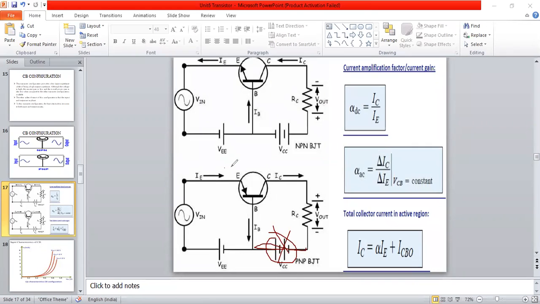Here the positive is connected to the P layer and the negative is connected to the N layer, positive to positive and negative to negative, so it will conduct. This is the VI characteristic.